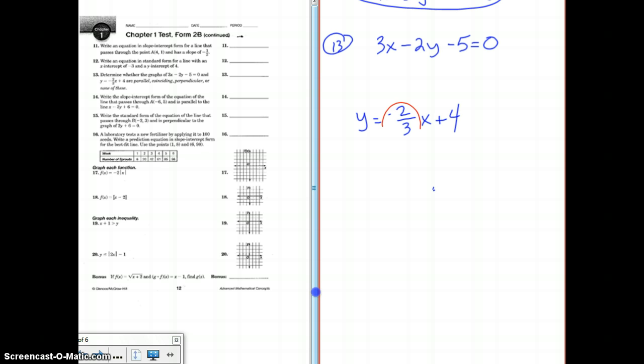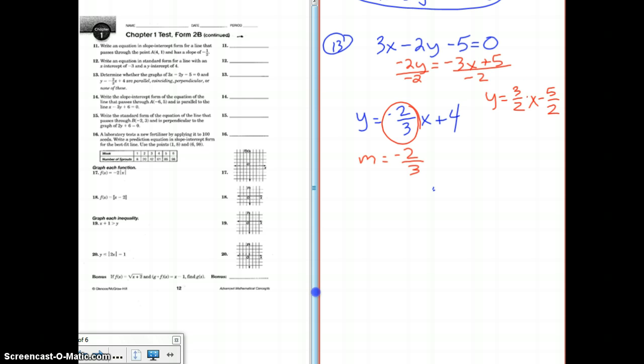So I already have the slope of the second line is -2/3. I just need to see what the slope of the top line is going to be. So I'm going to put it in slope-intercept form. I have 2y, the 3x and the 5 are going to go to the right side of the equation, minus 3x plus 5, divide by -2, and that's going to give me an equation of y equals 3/2 x minus 5/2.